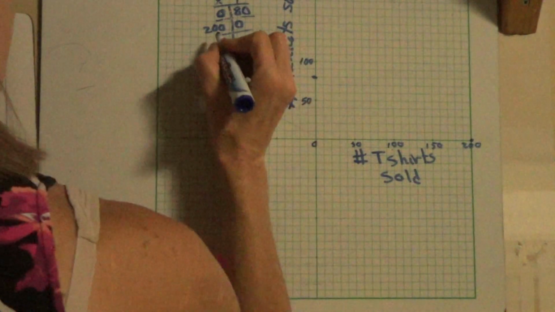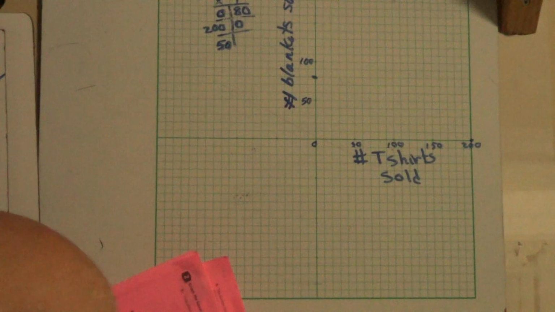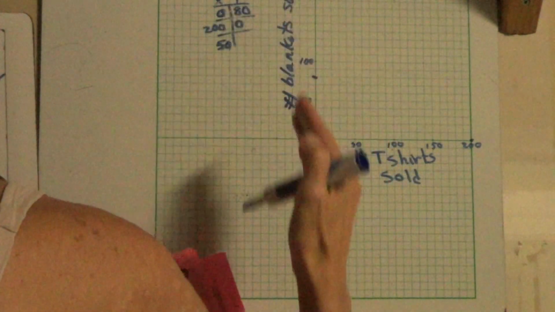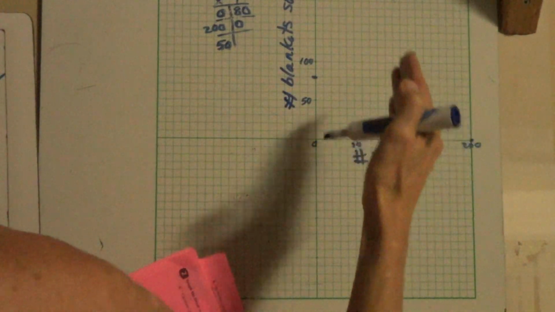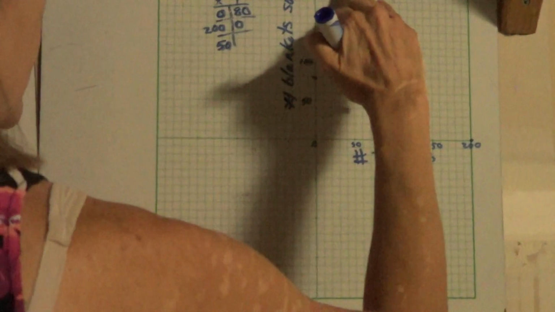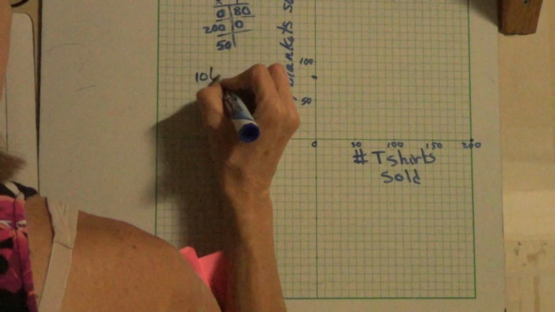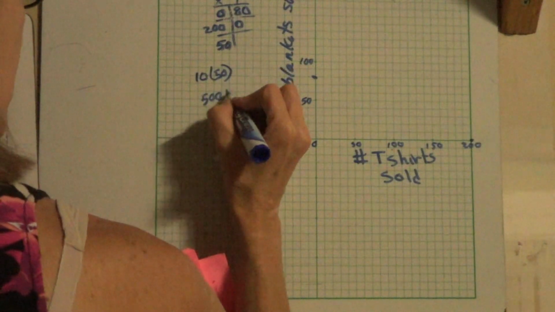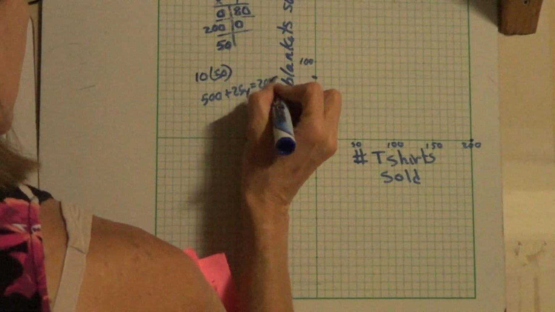Now, I also calculate another point, as you know, so if I go 50 t-shirts sold, that would be 500. Let me just solve that. 10 times 50 is 500, plus 25y is equal to 2,000.